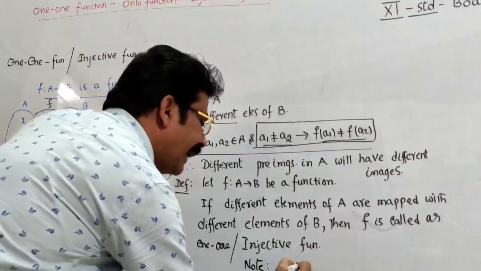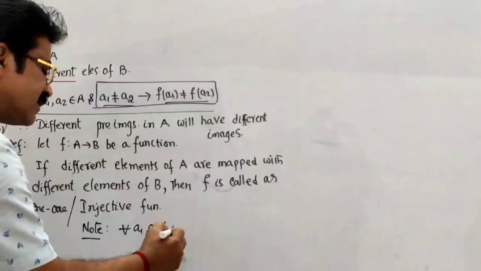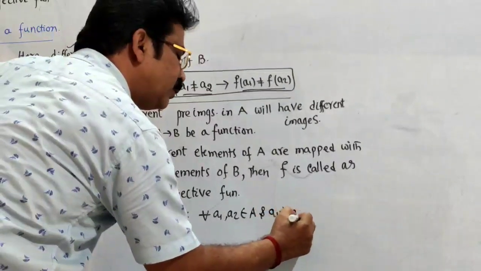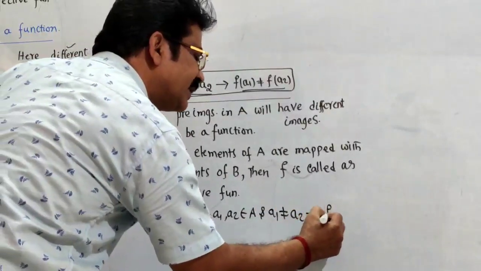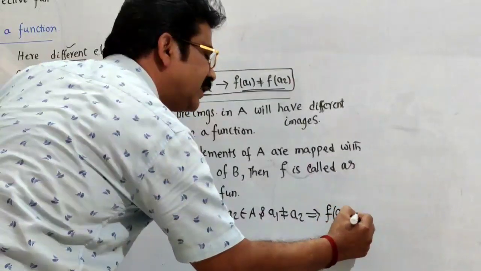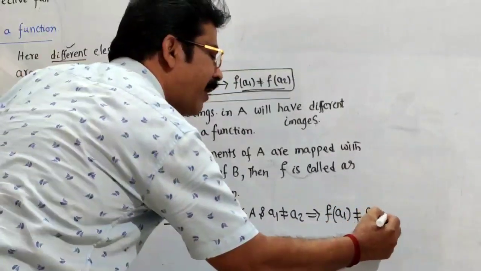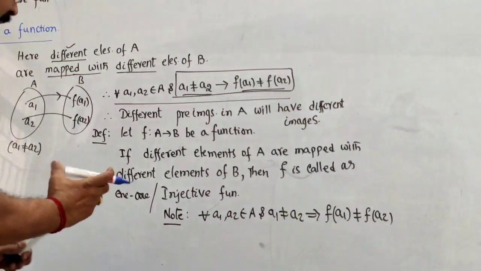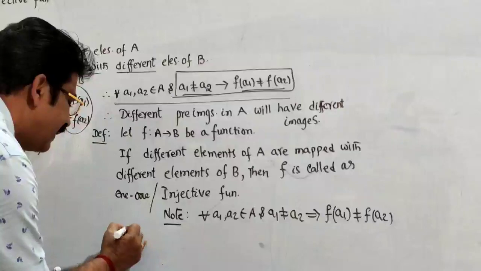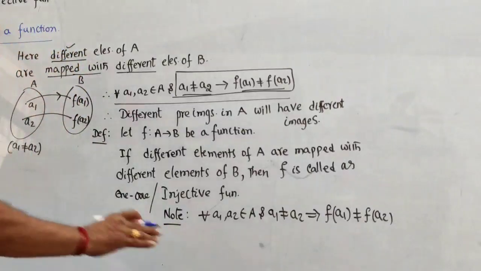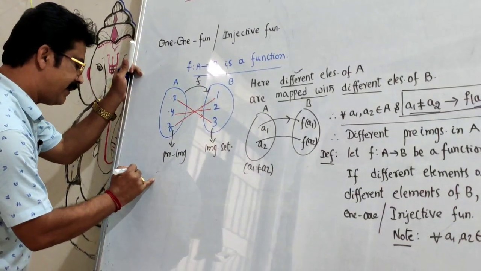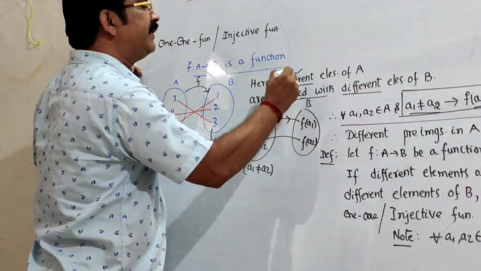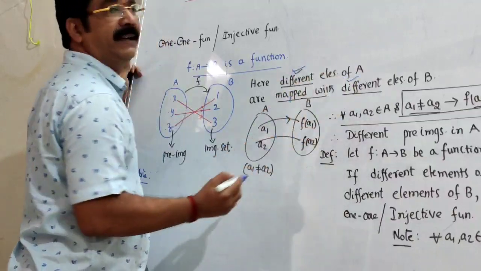Next, note. What is that note? For all a1, a2 that belongs to capital A and a1 not equal to a2, that implies f of a1 not equal to f of a2. Remember, most important point, so actually the definition started from the word different.